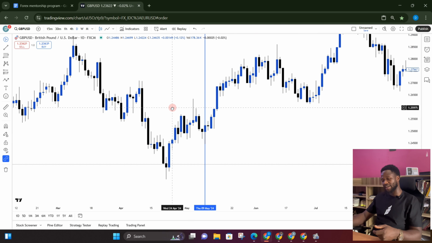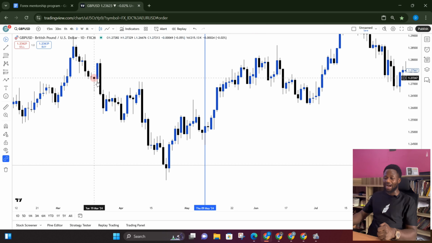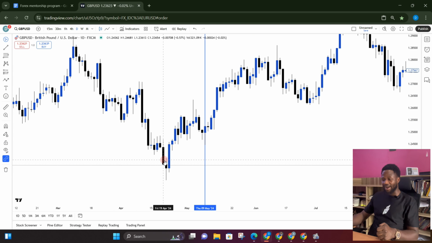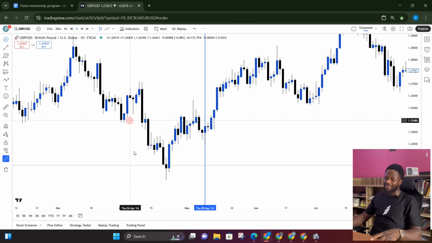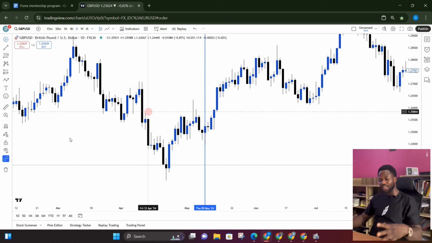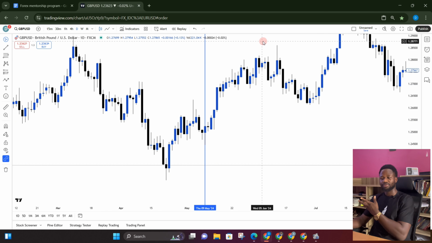And what do you see here? The market was coming down initially, right? But when it got here and printed this price on your screen, it's indicating a reversal back up, a change in direction.